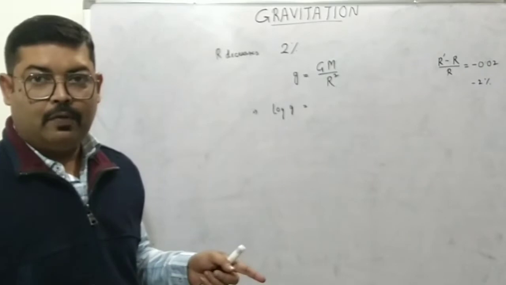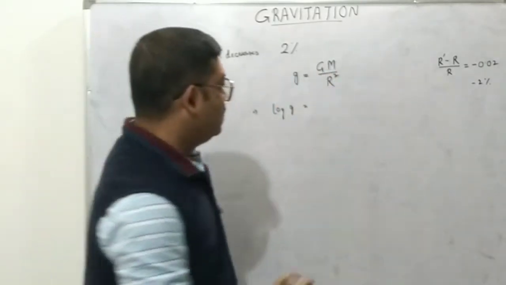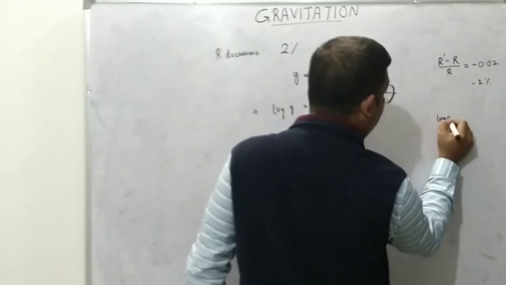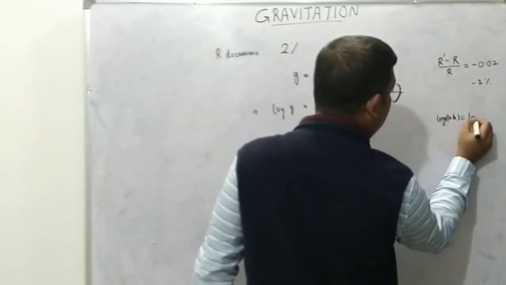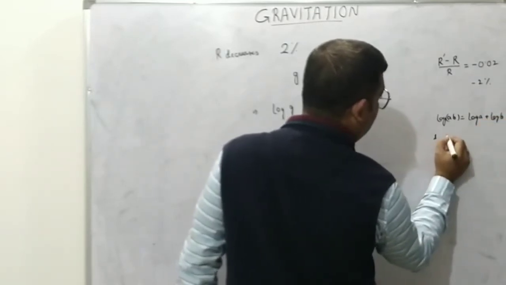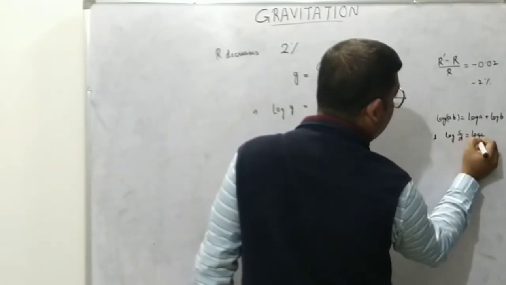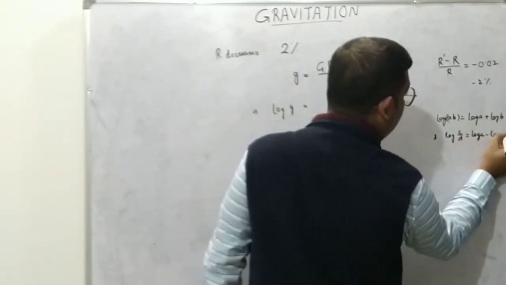Now we know the property of logarithm, that log AB is equal to log A plus log B, and log of C by D is equal to log C minus log D.